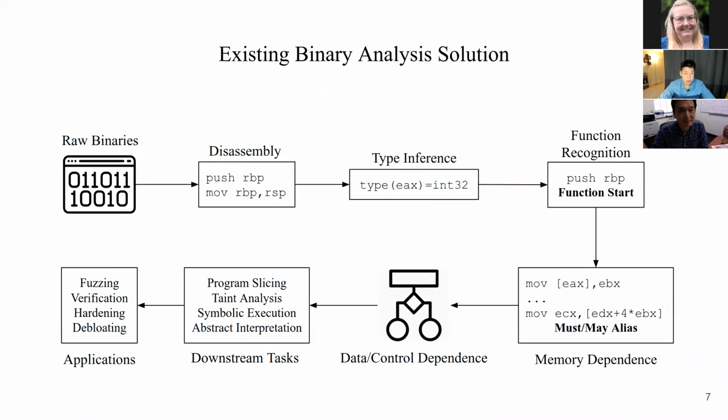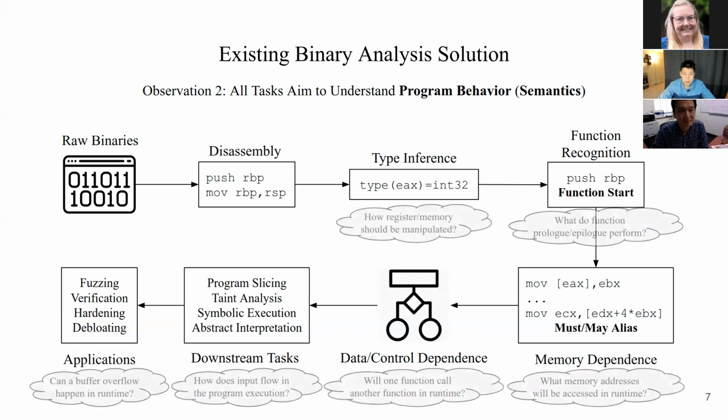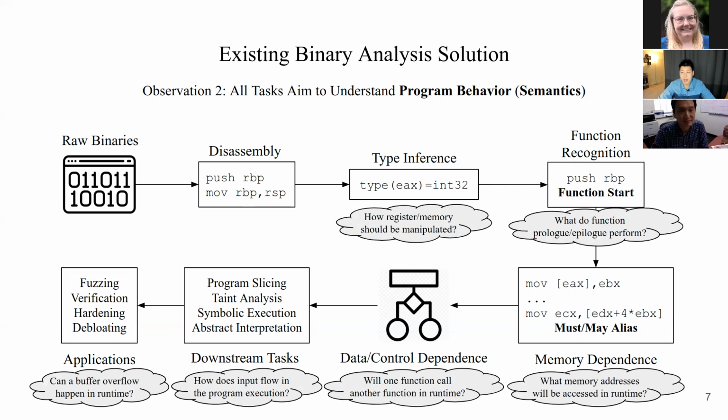In addition, we also observe that all these binary analysis tasks share some common basis. Just like any program analysis task, they all aim to understand partial program behavior or semantics from different perspectives. For example, if you're doing type inference, you are essentially asking how registers or memory should be manipulated at runtime.